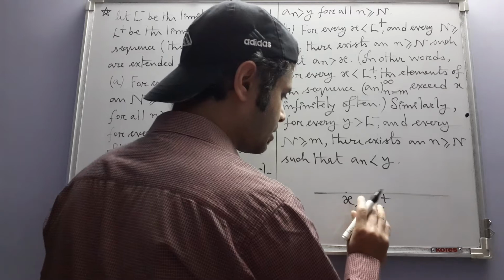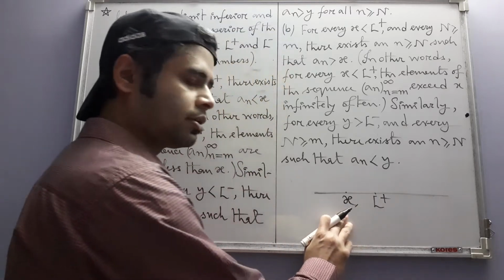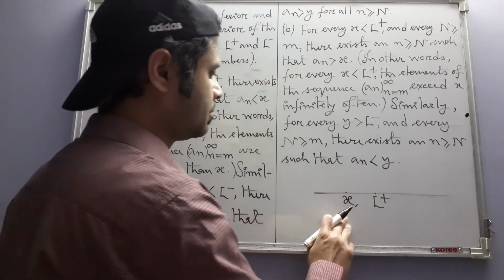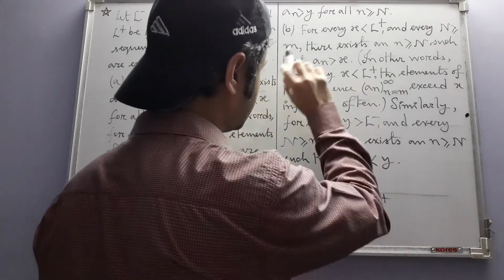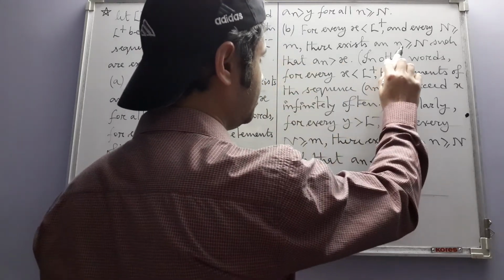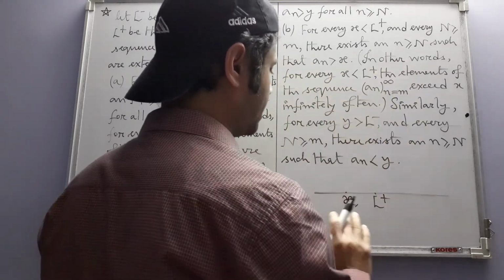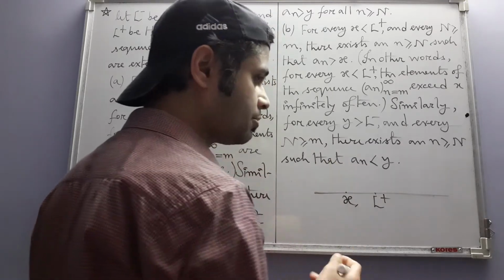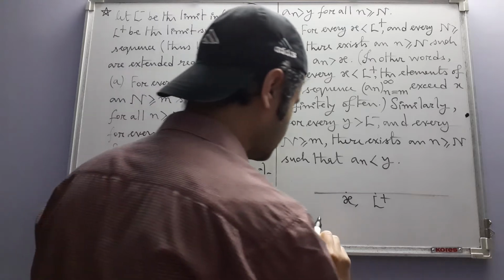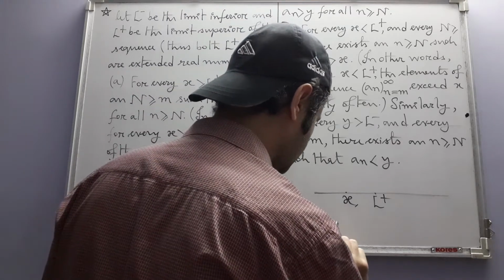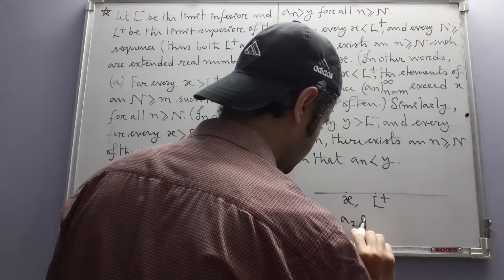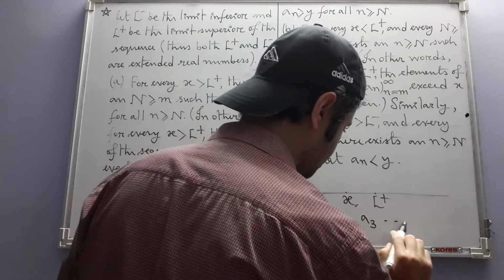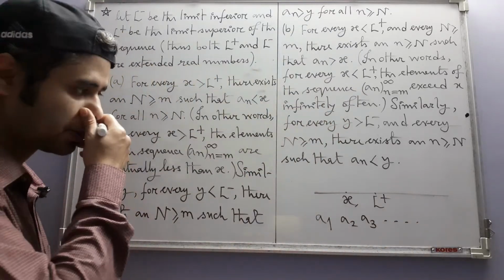So x now lies to the left of L plus. Now what this part says is that if we have chosen x, and we also choose a stage in the sequence, that is, our terms of the sequence are like this.